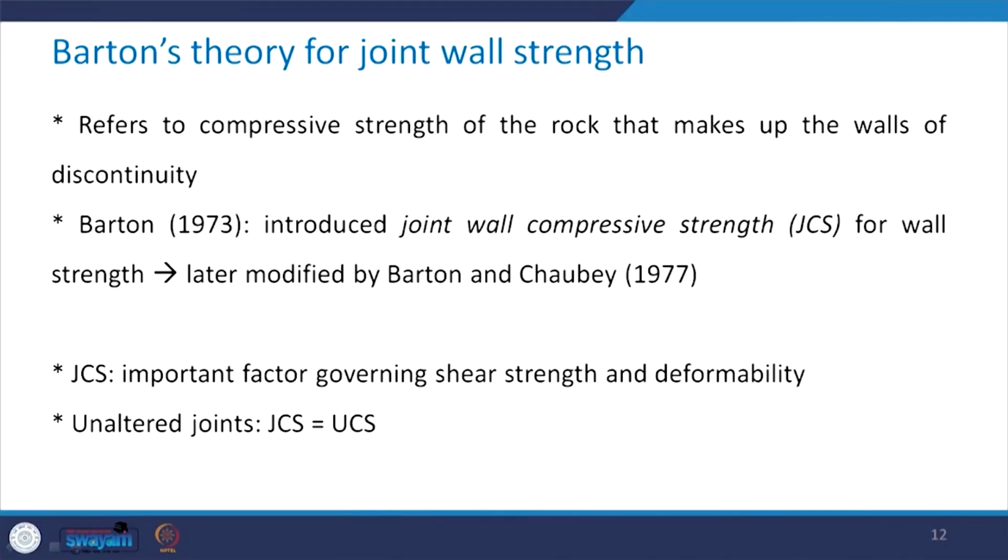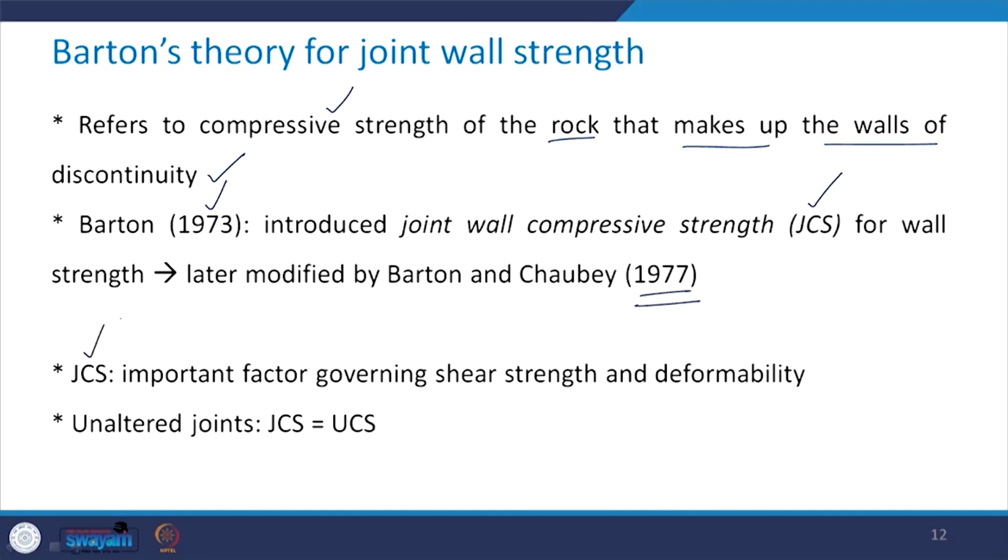When I talk about the joint wall strength, this refers to the compressive strength of the rock that makes up the walls of the discontinuity. Barton in 1973 introduced a term called joint wall compressive strength, given by JCS, and this was later modified by Barton and Choubey in 1977.